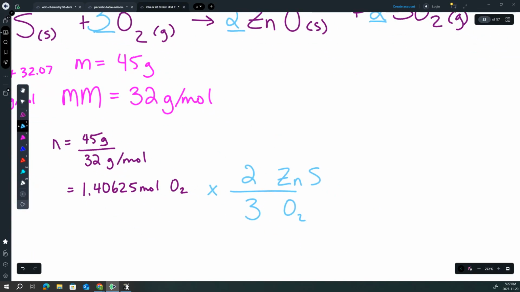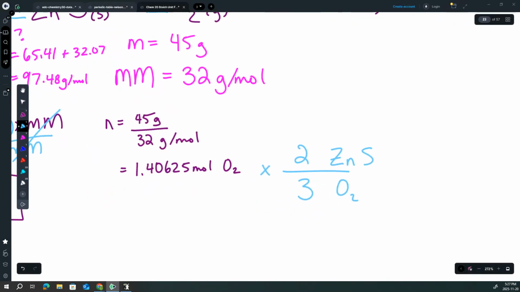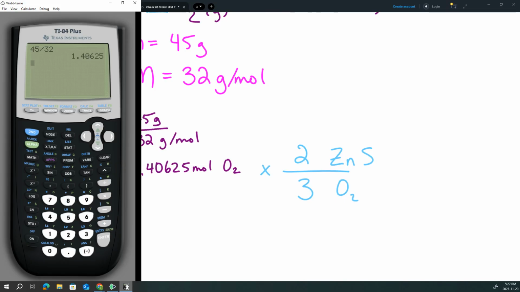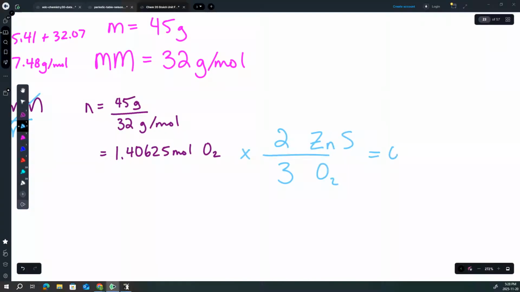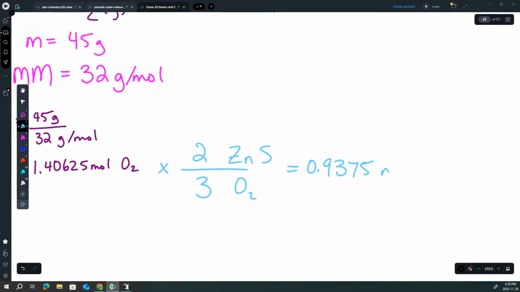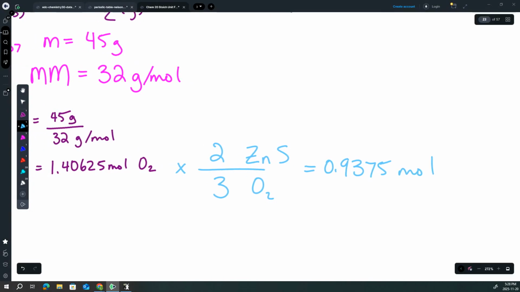Okay, so 1.4062 goes on, times by 2, divided by 3. That's going to be 0.9375. And this is now moles of zinc sulfide.